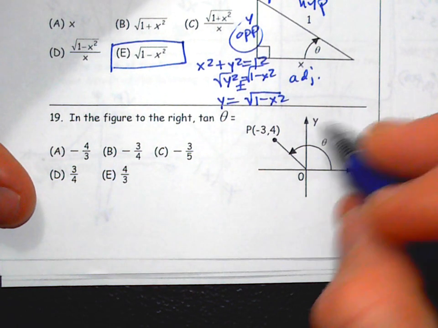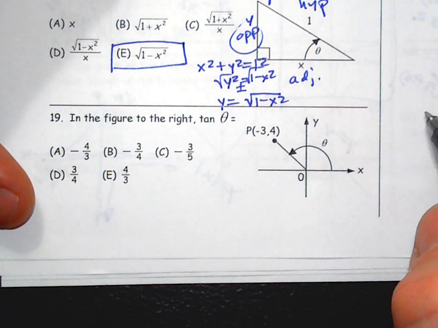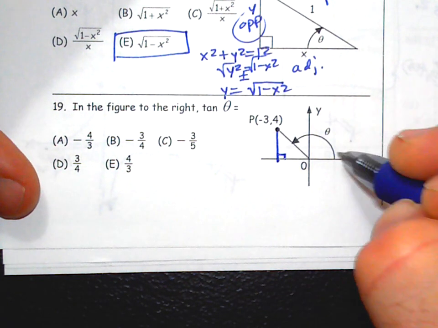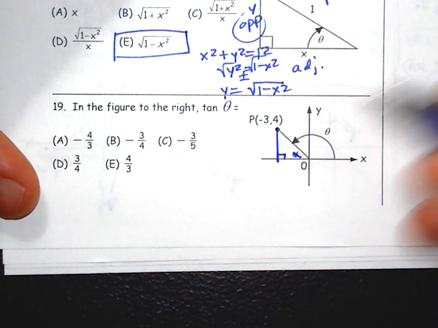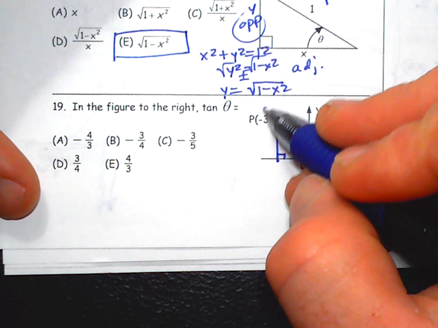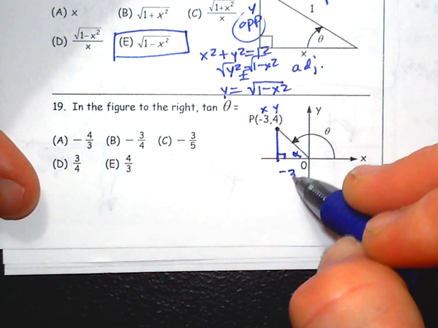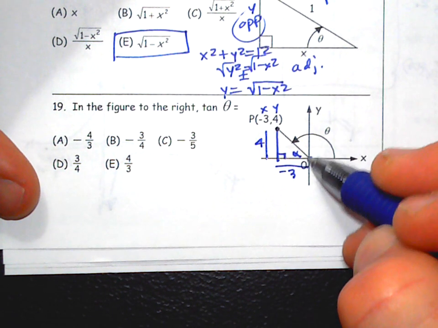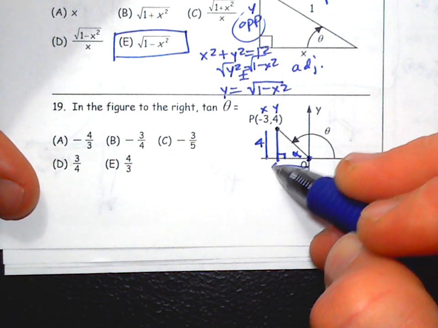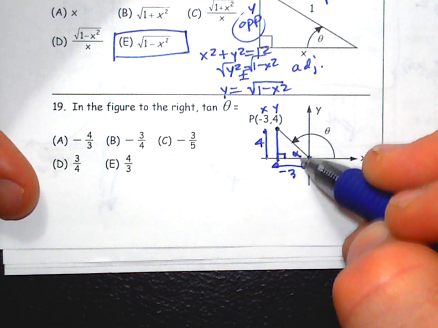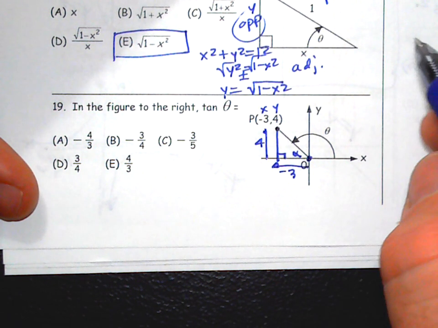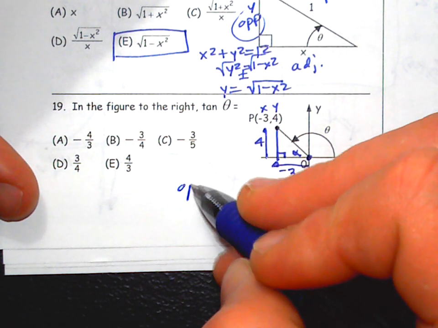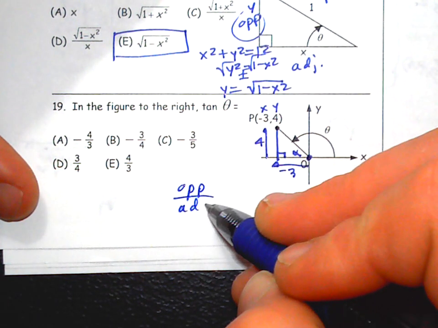This one, find tangent of theta. Now this angle is not so much a triangle anymore, but we can create a triangle that's associated with it. We can create a right triangle here, and this angle right here is called the reference angle. Now, this is your x and your y value, so this is -3 from here to here, and this is +4 from here to here, right? The x-coordinate is the distance from the origin, negative if to the left, and the y-coordinate is the distance from the origin vertically. Now tangent is opposite over adjacent, right?